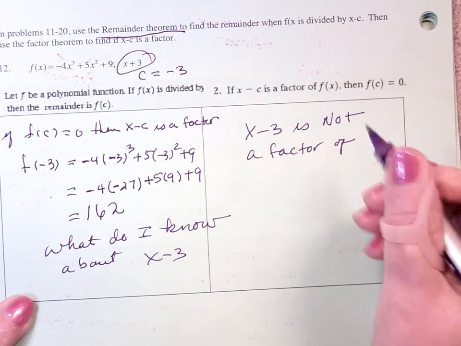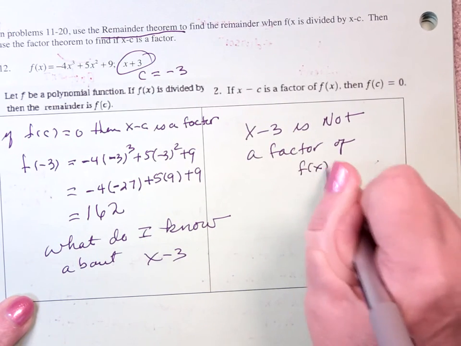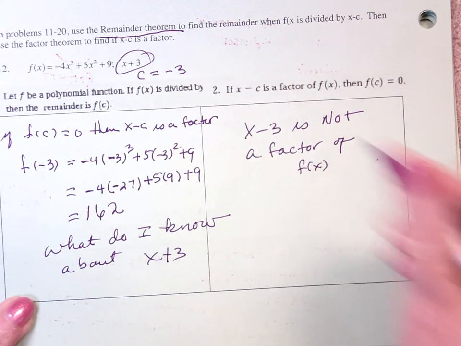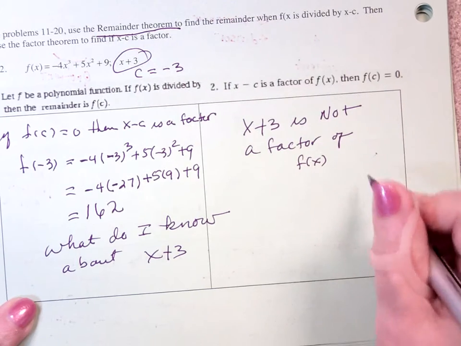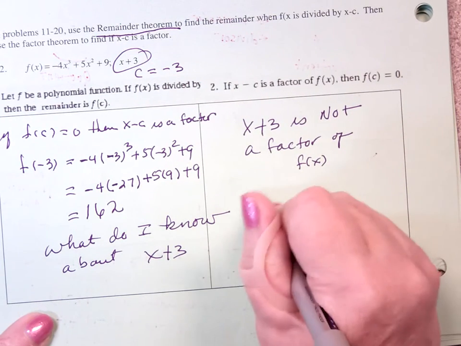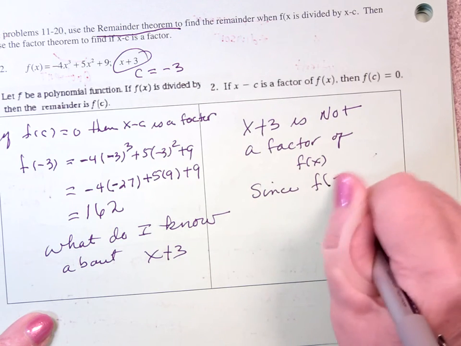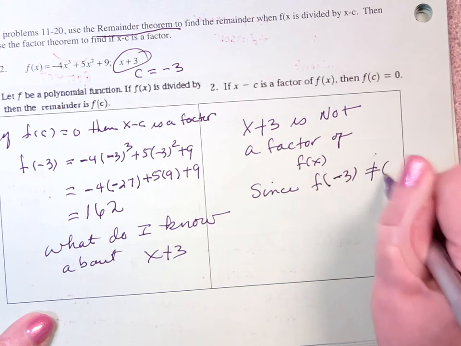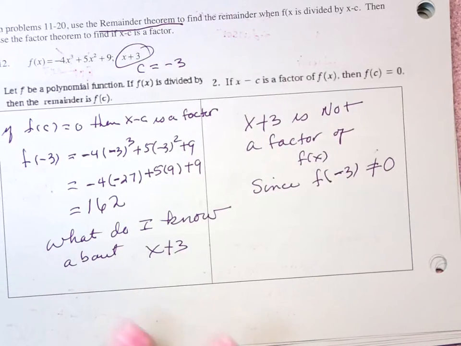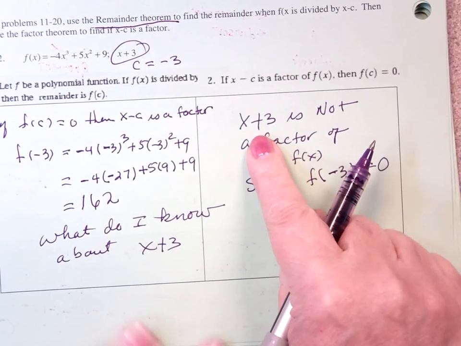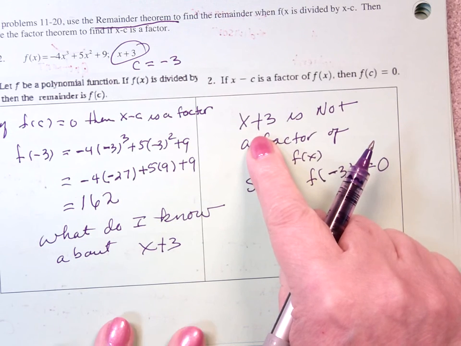I'm sorry, x plus 3 is not a factor of f of x, since f of -3 is not 0. If f of -3 was 0, then I could divide out the factor, but it's not.